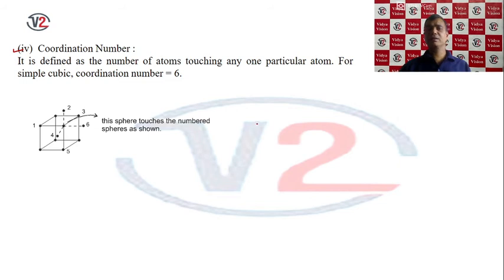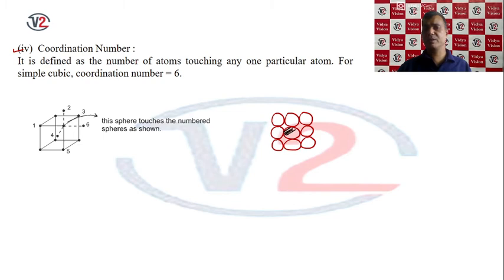Like if we see a 2D square arrangement and we want to determine the coordination number, how can we determine it? We identify how many other particles are directly attached to a particular particle, that is the coordination number.